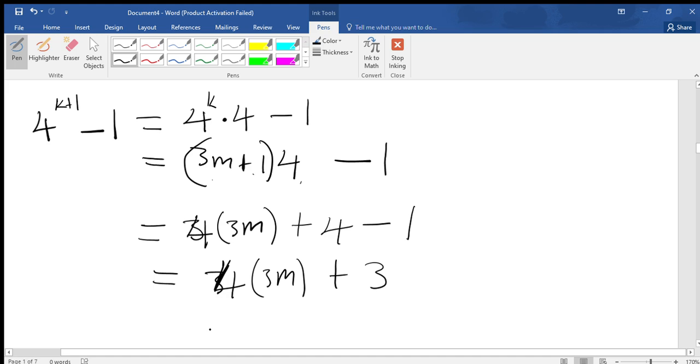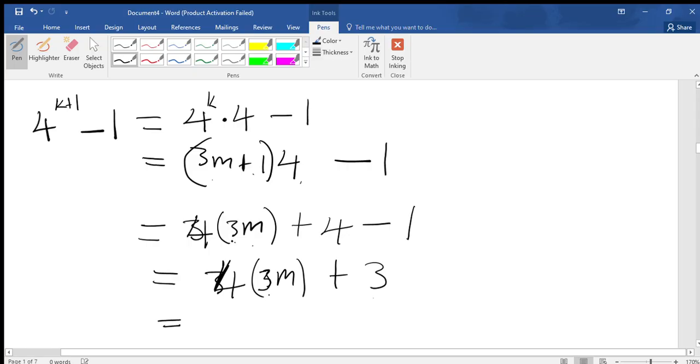So what is happening? We can see a common factor there, which is a 3. There is a 3 here, there is a 3 here, which can be factorized. We don't have to be quick to multiply, but we can just keep this so that the 3 maintains its position.